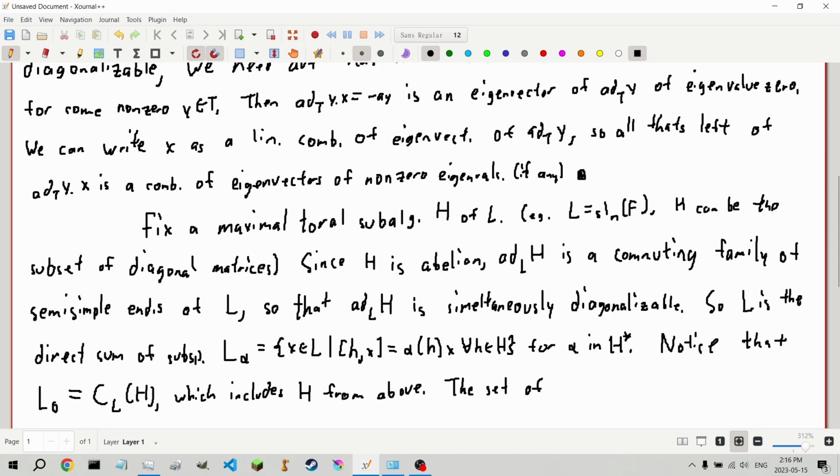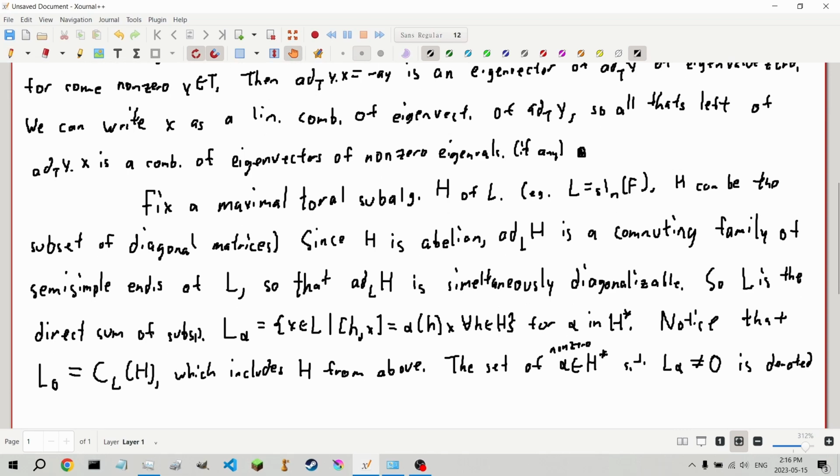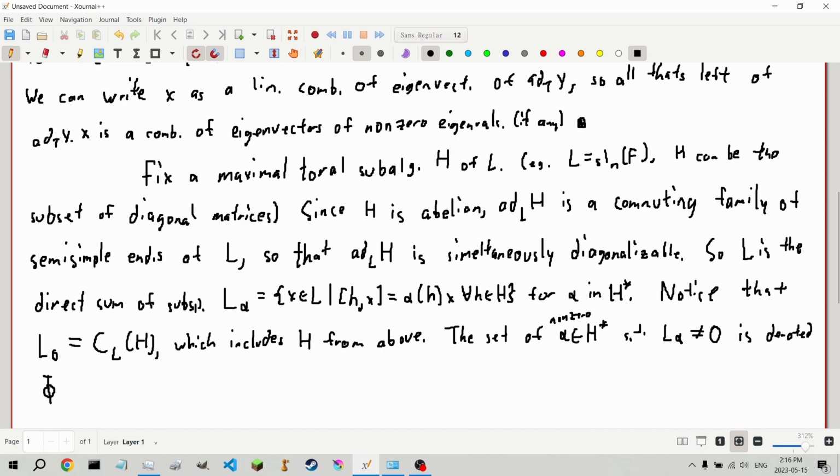The set of non-zero alpha in H star such that there are non-zero eigenvectors of that weight, a set of roots, is denoted as capital Phi, and its elements are roots of L relative to H and are going to be finite.